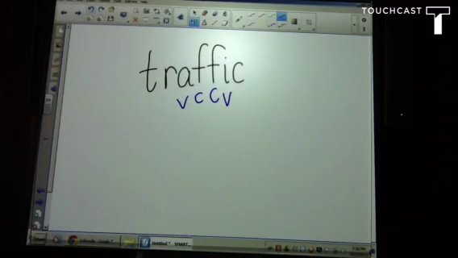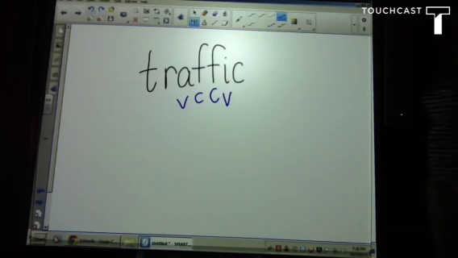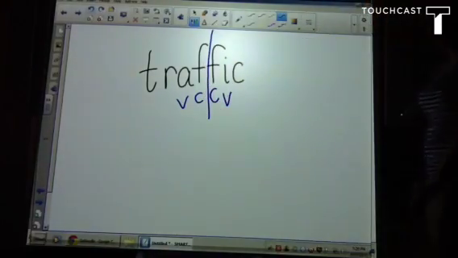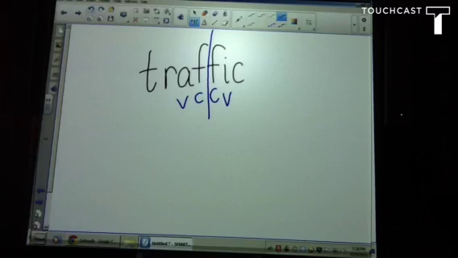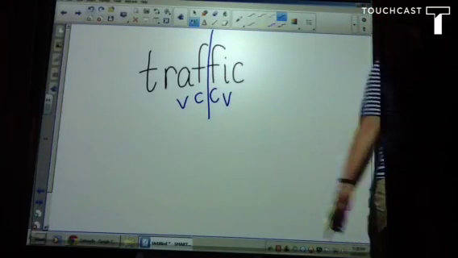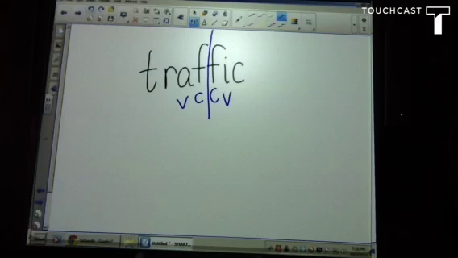When we have a VCCV pattern, the best place to divide the word is usually between the 2 consonants. This is called a division line.